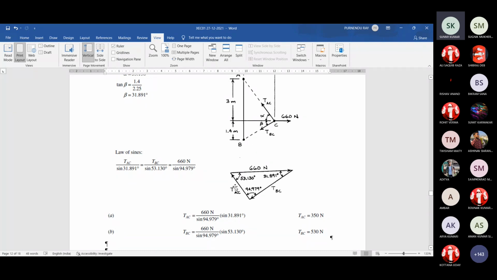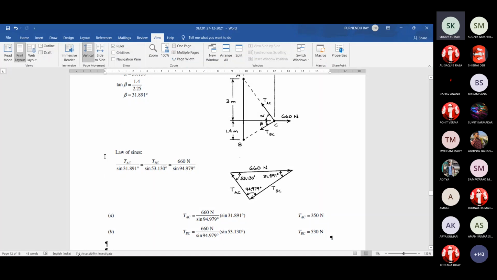This angle is approximately that, because to get the exact angle we need to follow the procedure shown earlier: through this point draw a line parallel to this, through this point draw a line parallel to this line, and there you get the point of intersection of the two lines. Then only can you identify this exact location. Otherwise it will be some approximate position. The only way is to draw lines parallel to those given directions.